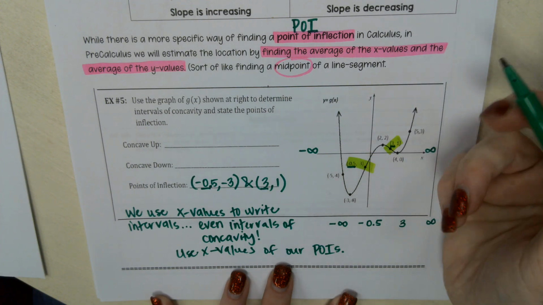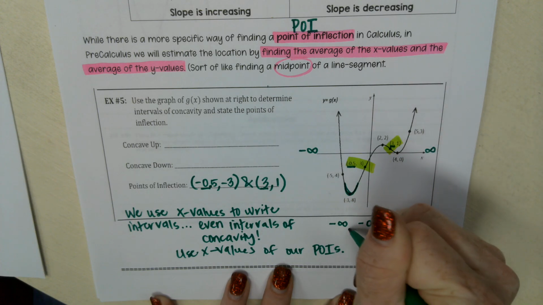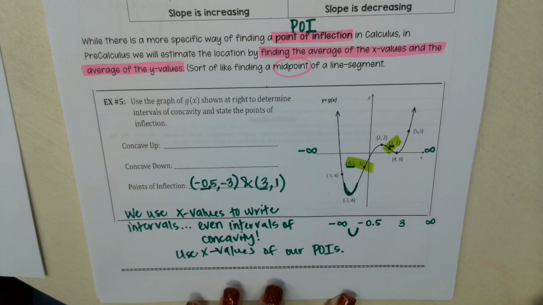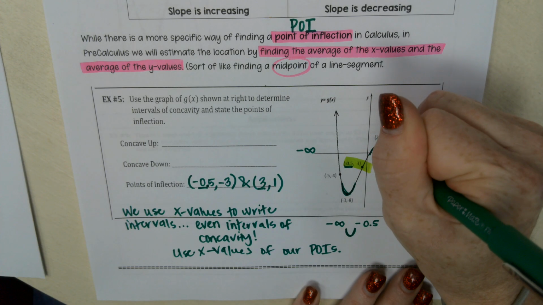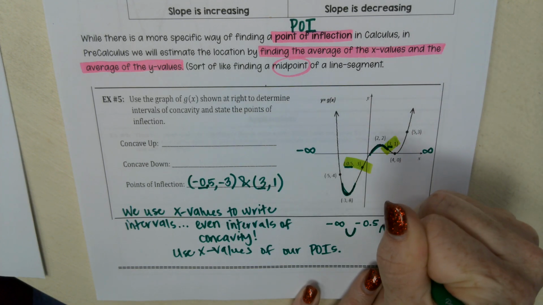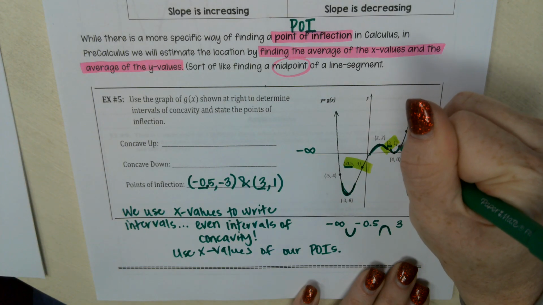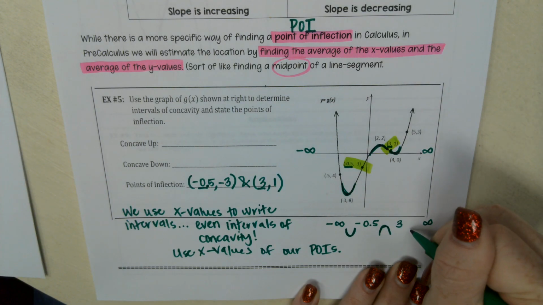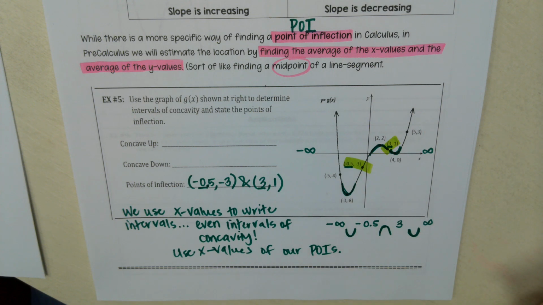From left to right, I'm starting and my graph opens up, so that means it's concave up. Then it turns and it is concave down. And then it turns one last time and it's concave up. Okay?